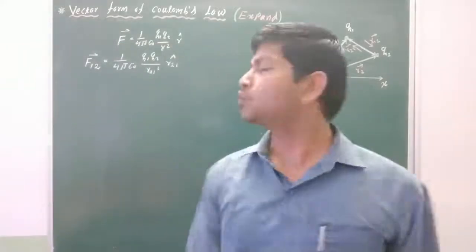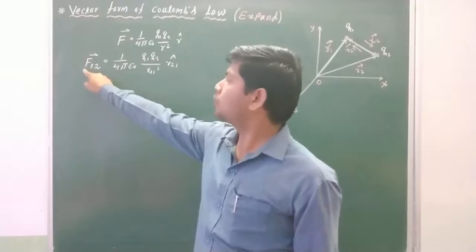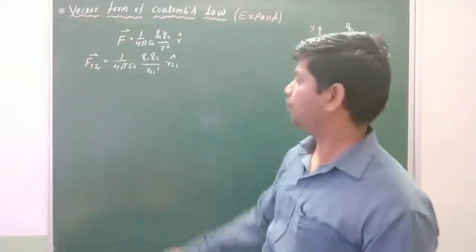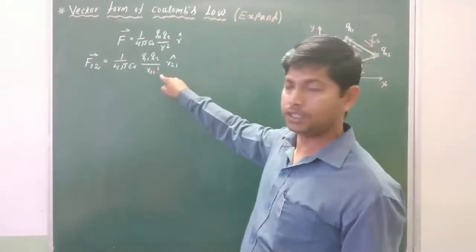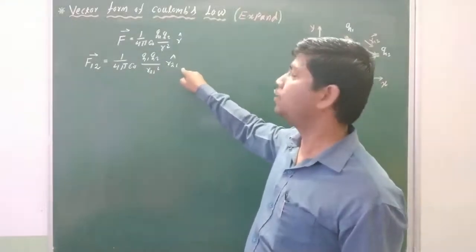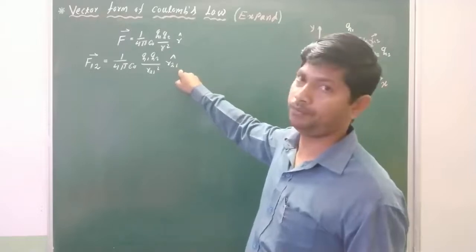F12 means the Coulomb force on Q1 due to Q2. For that I am taking the displacement vector from 2 to 1, and R21 cap is the unit vector pointing from 2 to 1.